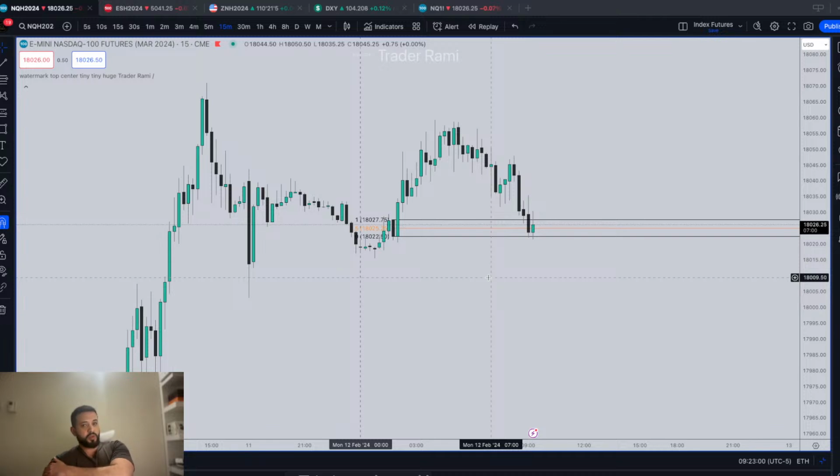But in terms of the initial volatility, sometimes I like to trade the 9:30 open if it's very, very clear. If price has already taken stops in the opposite direction and I have a strong bias in place and I know where the liquidity is and where it's going to go, I'll take a trade 2, 3 minutes or maybe even 5 minutes before New York Open and ride that nice volatility in my favor.